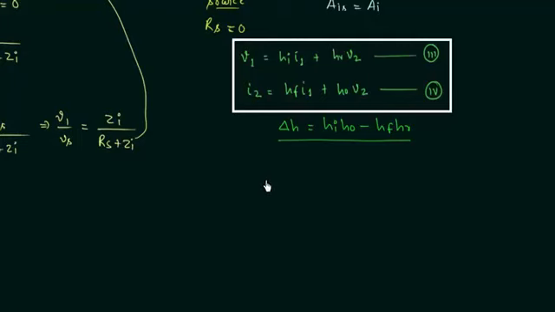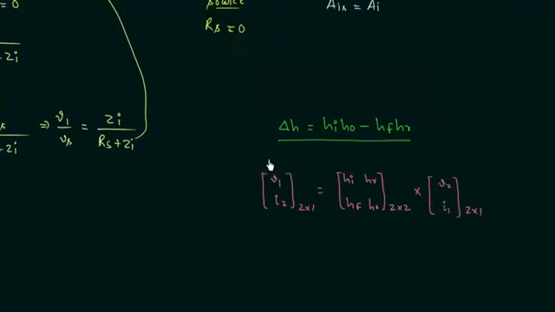We can also express the two equations in the matrix form, and we have 2 by 1 matrix having the elements V1 I2 equal to 2 by 2 matrix having the elements HI, HR, HF, HO multiplied with another 2 by 1 matrix having the elements V2 I1.